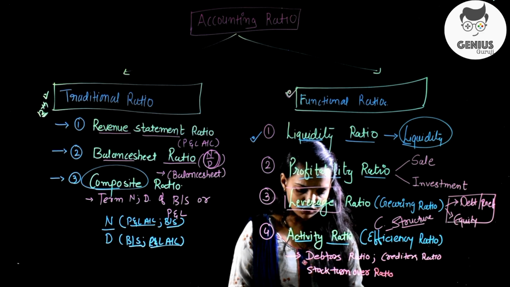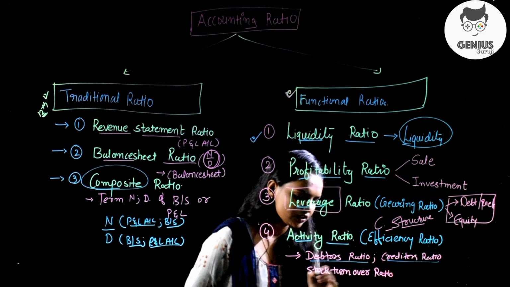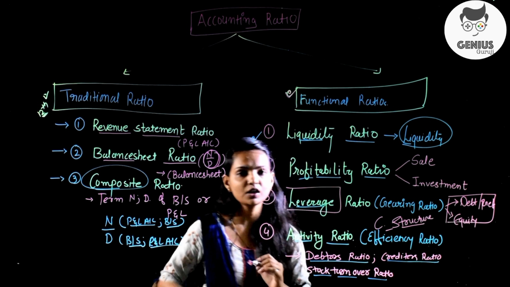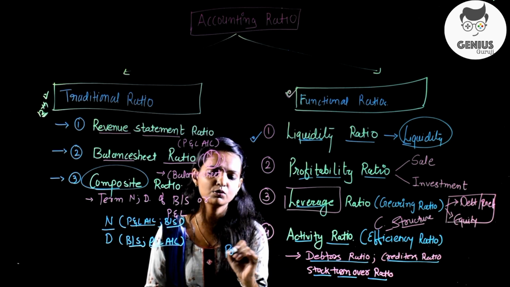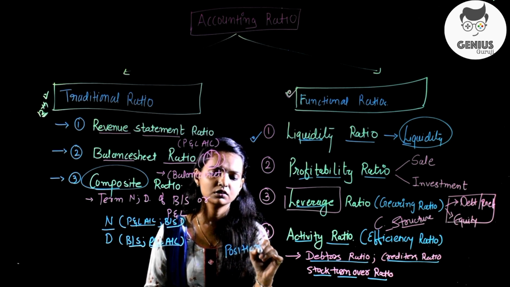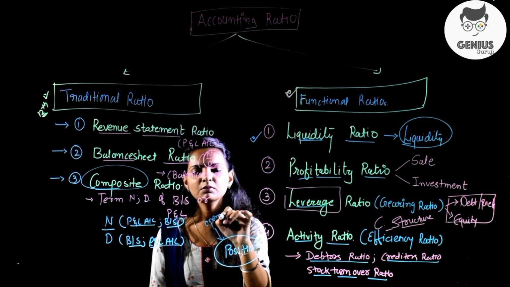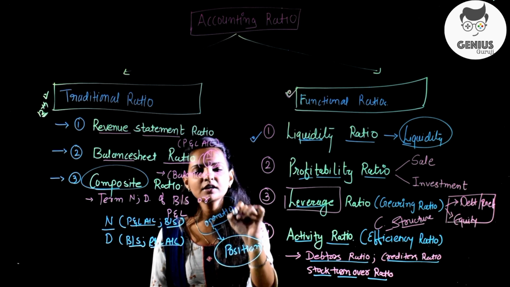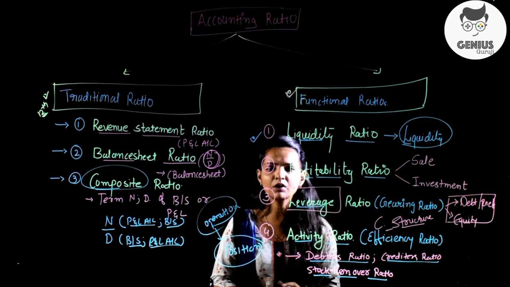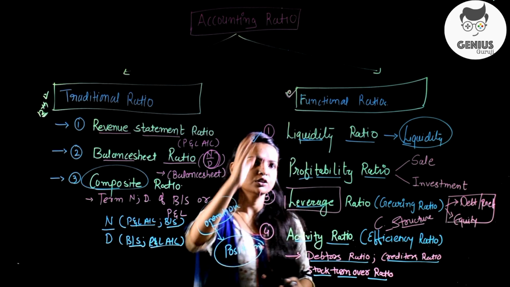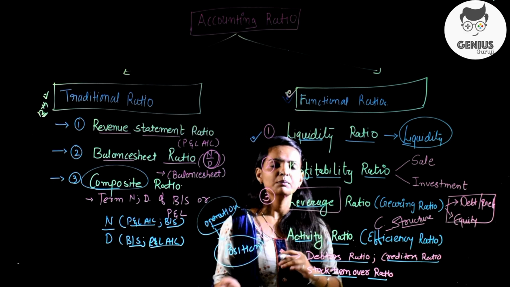So this debtors ratio, creditors ratio and stock turnover ratio give us knowledge about the company's position, but of operation, not financial position. It's about the operation of the company, how the company is managing its operation, how it's working. Okay, so those are the ratios which we are going to analyze in practicals.